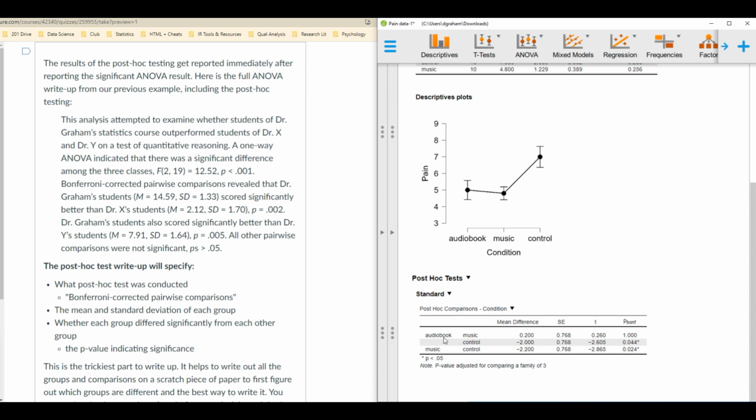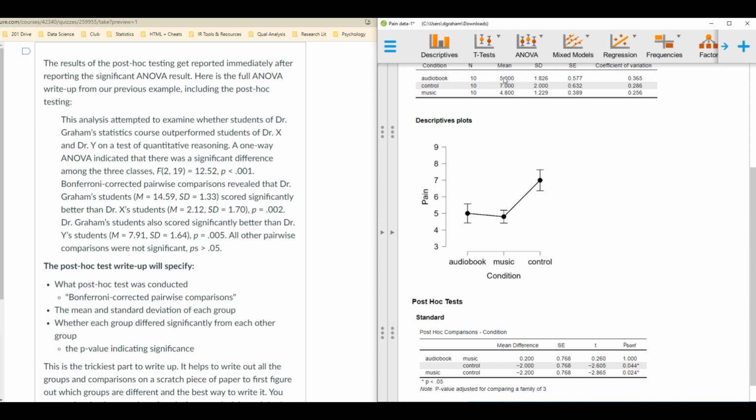So audiobook versus music in our post-hoc test. In our output down here, audiobook versus music, we can see there's a mean difference of 0.2 between those groups, right? The difference between the 5 for audiobook and the 4.8 for music is 0.2.